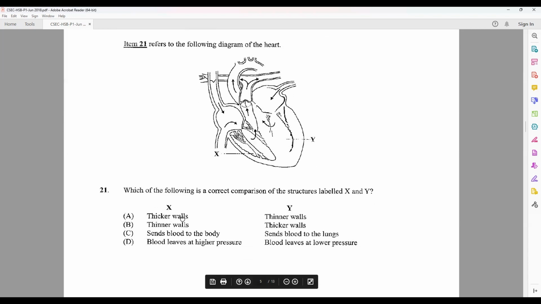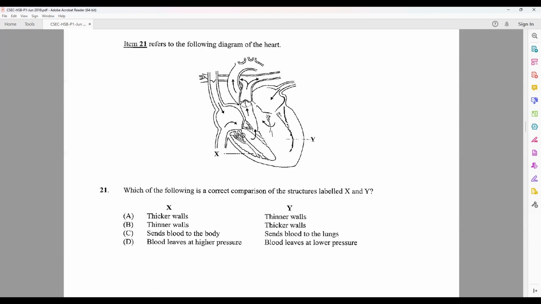We see X has thicker walls, thinner walls, sends blood to the body, and blood leaves at high pressure. You could just pick one side to see which things are right. Straight away, thicker walls, no. Thinner walls, yes. Sends blood to the body, no. Blood leaves at high pressure, no, because X supplies the pulmonary circuit.